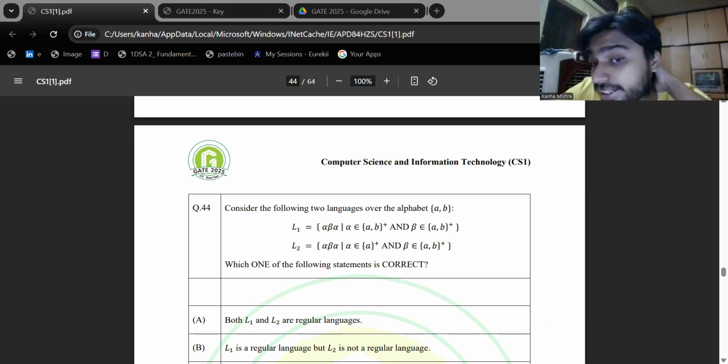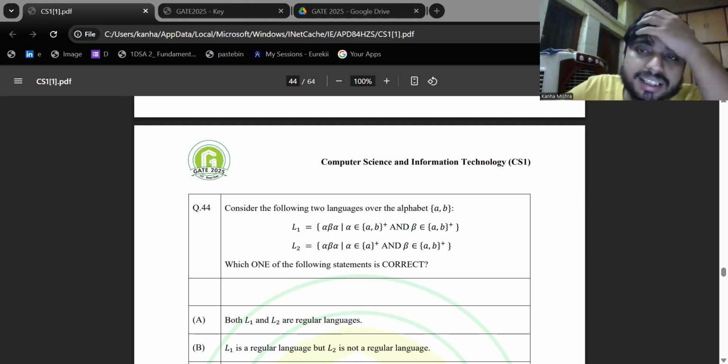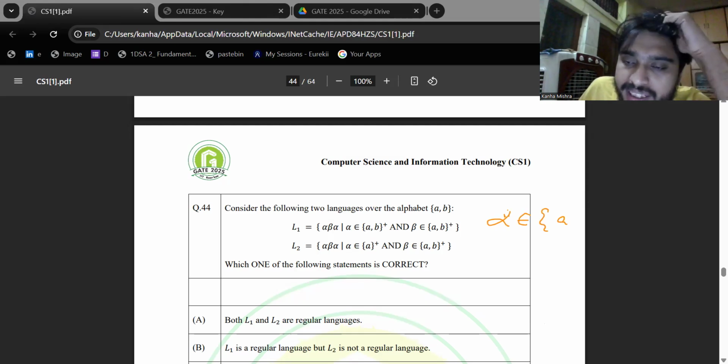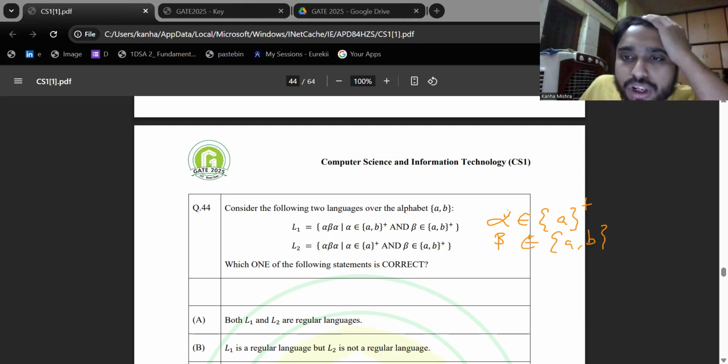Let's understand why this is actually regular, because indeed it looks irregular, but it is regular. We assume alpha belongs to a string over A's and beta belongs to a string over A and B. So alpha is just a block of A's.